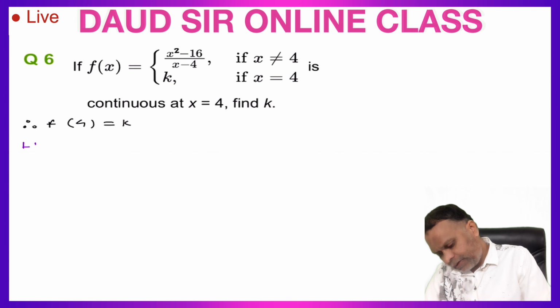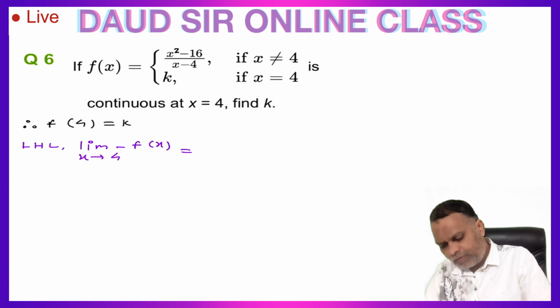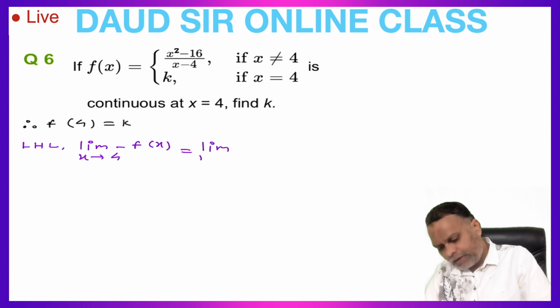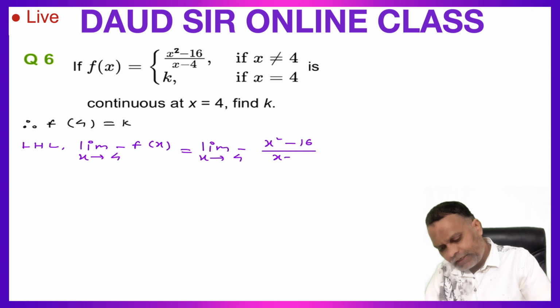Left hand limit x tends to 4 minus f of x is equal to limit x tends to 4 minus x square minus 16 upon x minus 4. Simplify this.